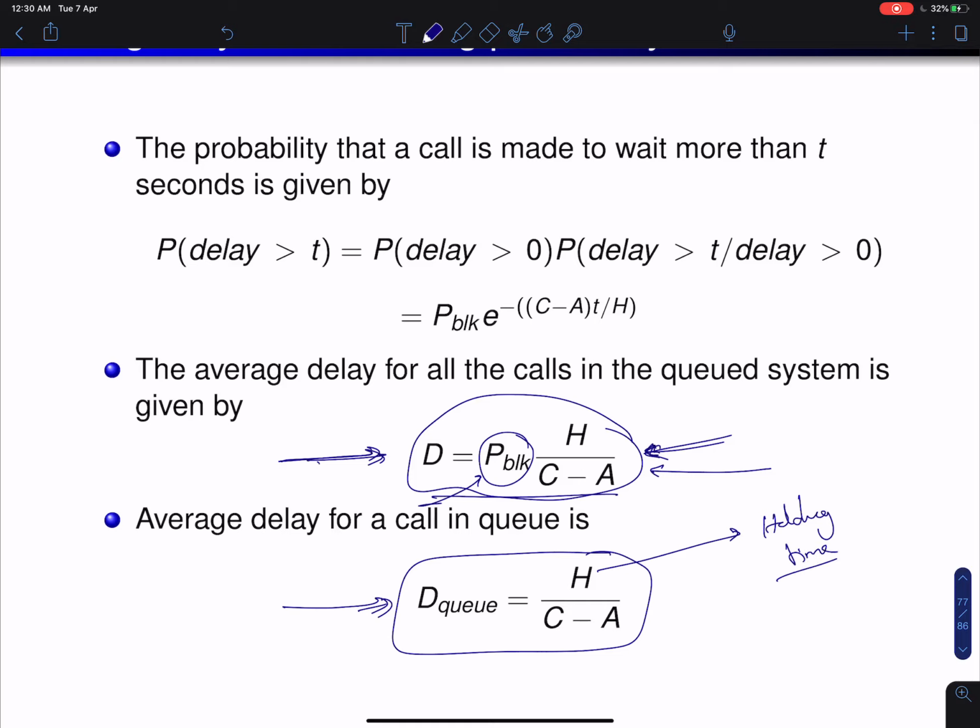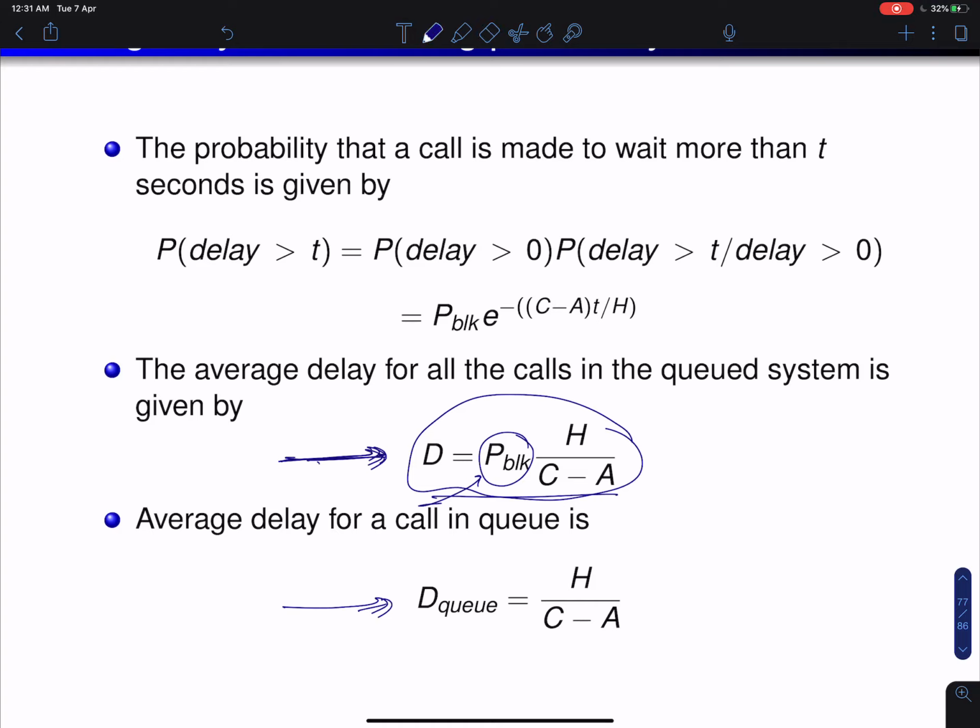If you see, H didn't figure in the expressions for the Erlang B system, but in the Erlang C system, it figures in. Because the amount of time you are going to delay in a queue depends upon the average duration of a call. Once the call is done, then you are going to give that channel to the new user. So which is why in a blocked call delayed system, BCD system, the H will figure in the equations.